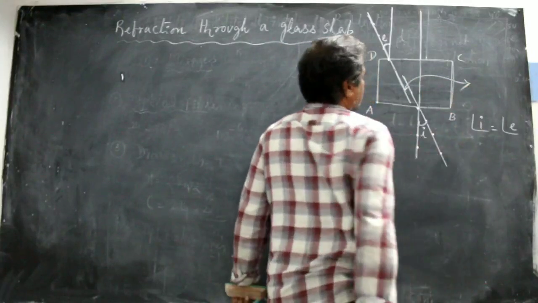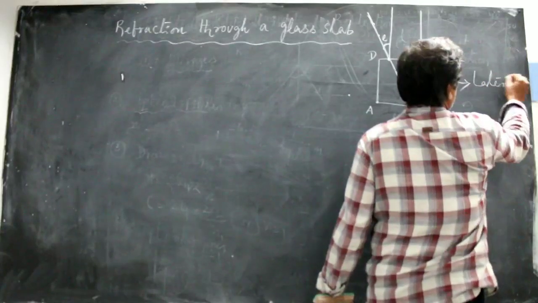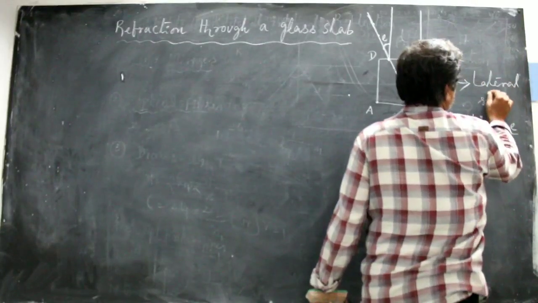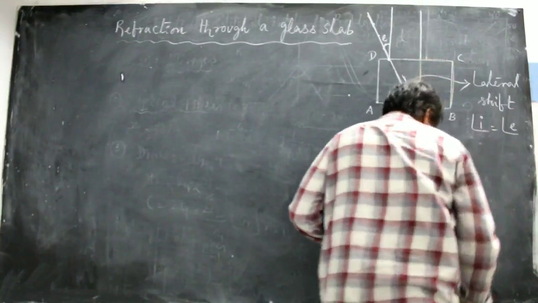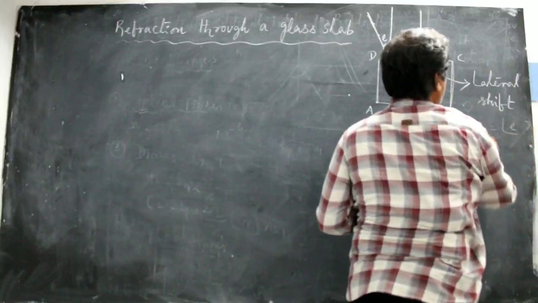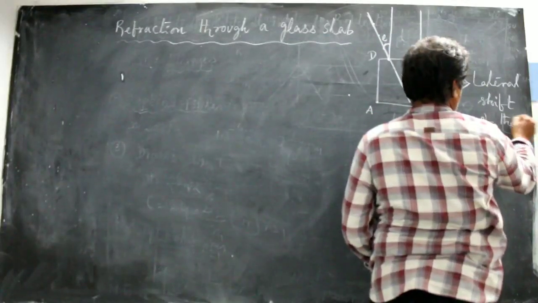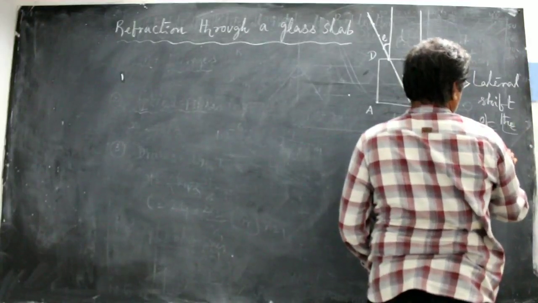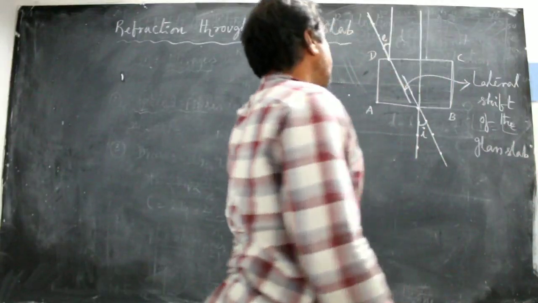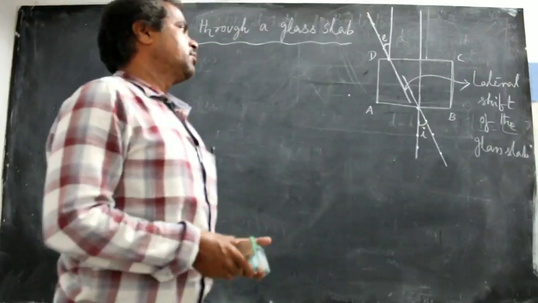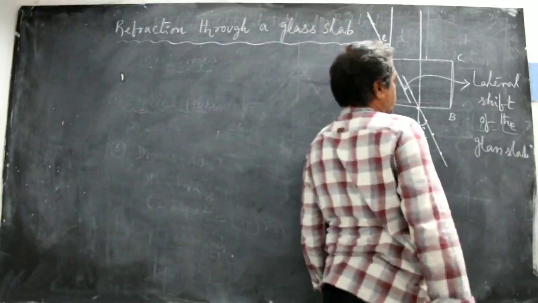That distance is called the lateral shift of the glass slab. So, by using a glass slab, we can measure the lateral shift and also vertical shift.